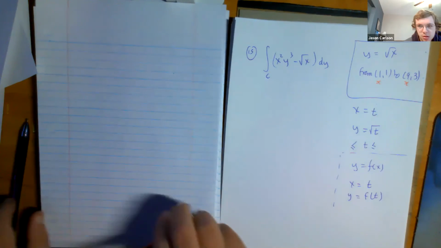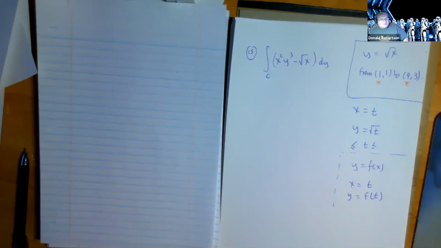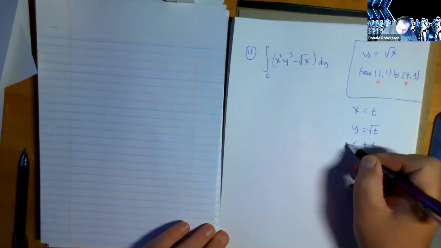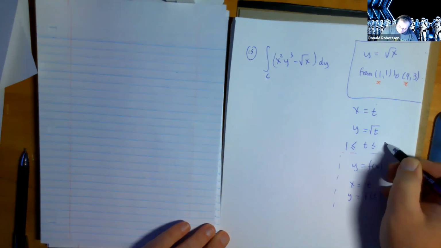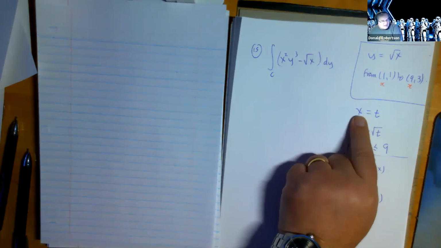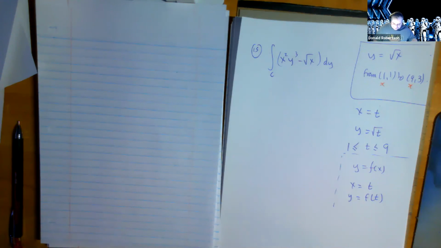I hear 0 to 1 and I hear 1 to 9. 0 to 1 would be for a straight line joining 2 points, but this is not a straight line. In this case, you're going from there, which means 1, to there, which means 9. How do I know that? Because x is the same as t. So if x goes from 1 to 9, won't t go from 1 to 9? Right, so we've done that piece of the puzzle.